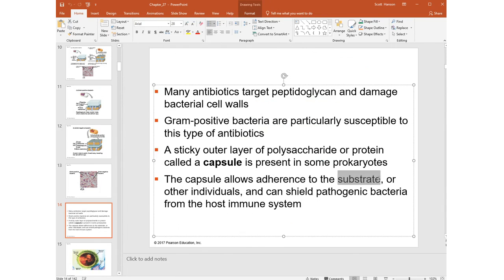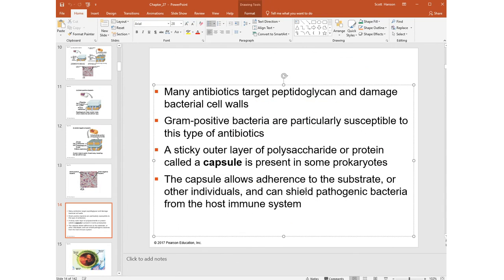Substrate basically means some sort of solid surface on which they can attach themselves, like the skin of an organism, or the bark of a tree, or a rock or something. So it allows it to adhere to a substrate, or maybe adhere to other individual bacteria.